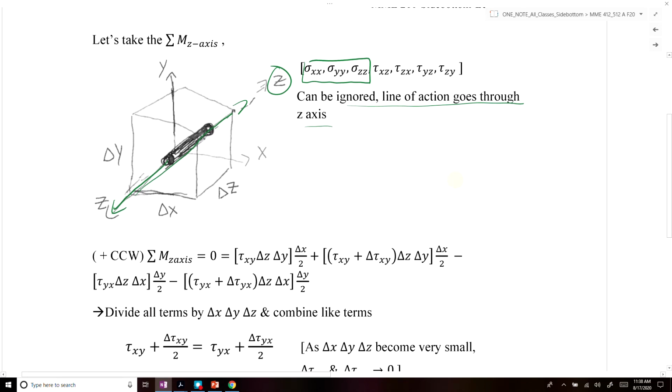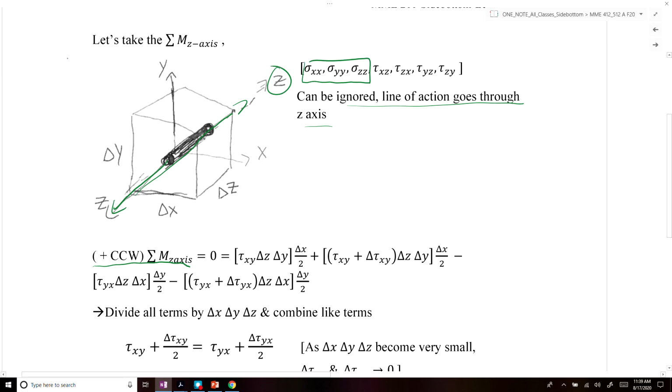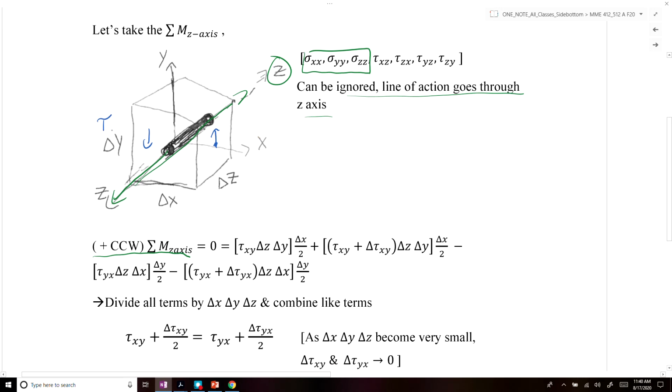So if we do some statics here, and we take the moment about the z-axis using just our various stresses, we're going to have tau xy on the back plane of our cube.